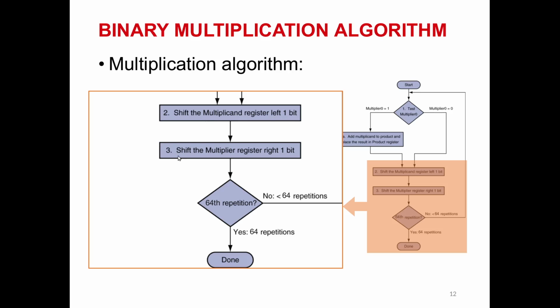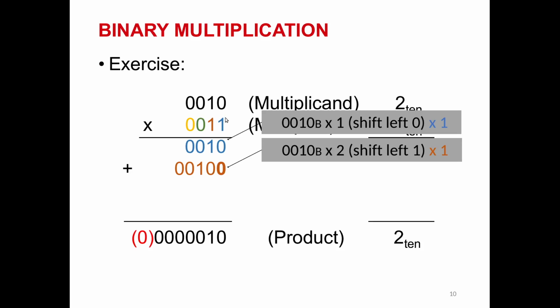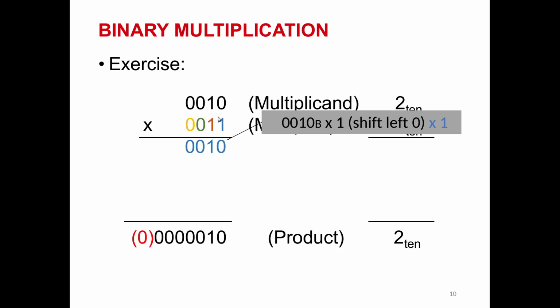And together with that, we will need to shift the multiplier register to the right for 1 bit. Why do we need to do so? Because after the first calculation here, this bit is already used. We don't need to use it again anymore, but we change to this bit.